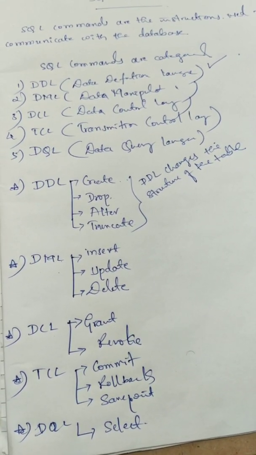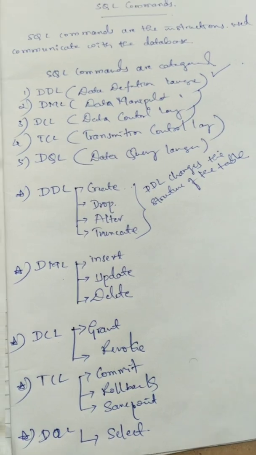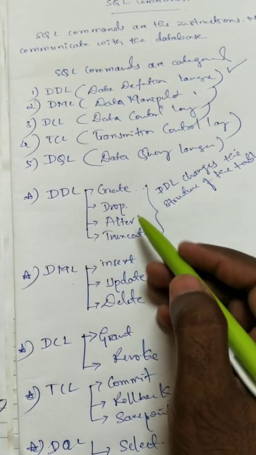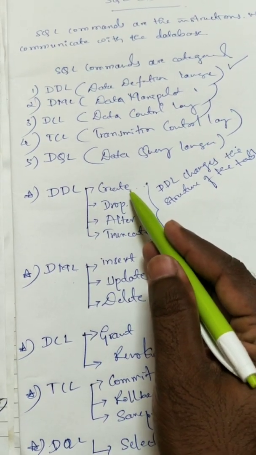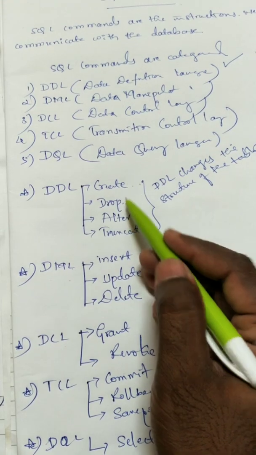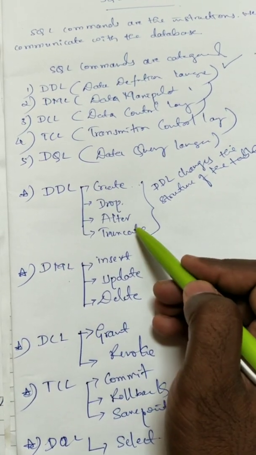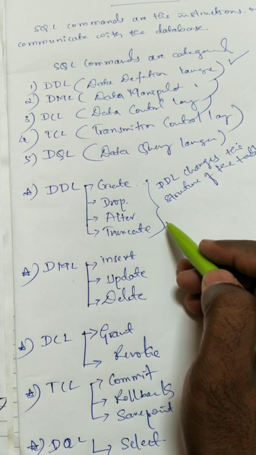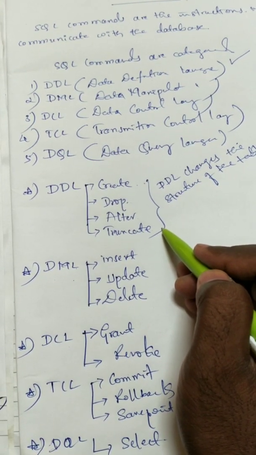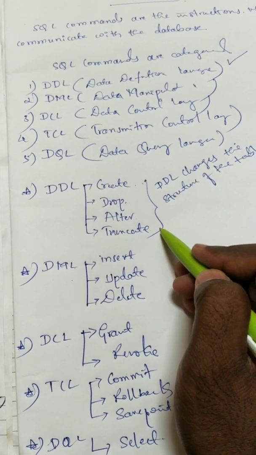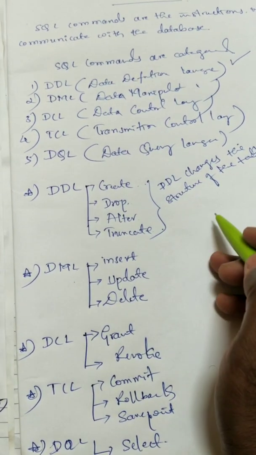That means it permanently saves all the changes in the database. Very important point: whatever commands we use on the table are auto committed changes. Once you apply these commands, all the changes are permanently saved, so you can't undo things.